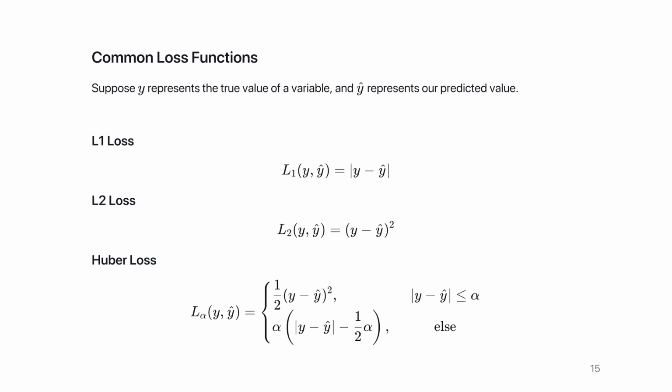Here are some common loss functions that we talked about in class. We didn't talk about all of them, but we talked a little bit about each one briefly. We have L1 loss, which is basically an absolute value. We have L2 loss, which is what you see most frequently, which is squared loss. And then we have Huber loss, which is kind of a combination of both.